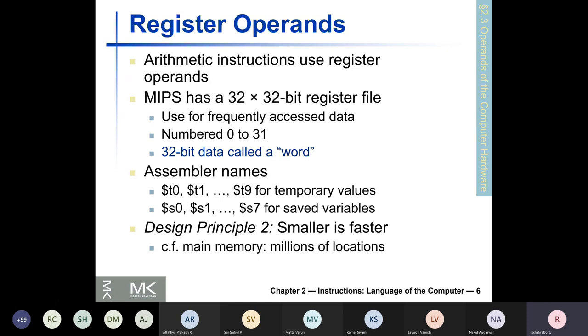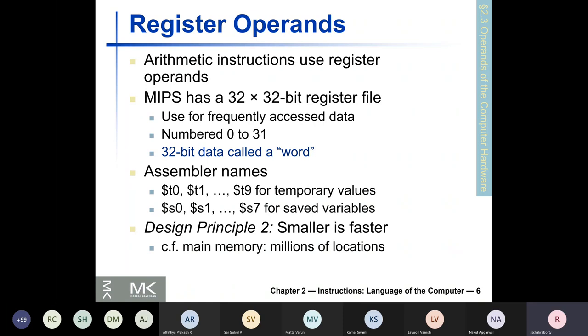Now, arithmetic instructions in MIPS use only register operands. By register operands, we mean inbuilt registers. A register, you know, is a collection of flip-flops. In the MIPS processor, there are exactly 32 registers, each 32 bits wide. A collection of registers in a processor is called a register file.